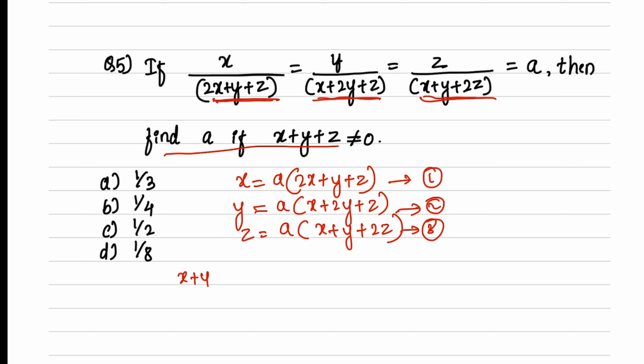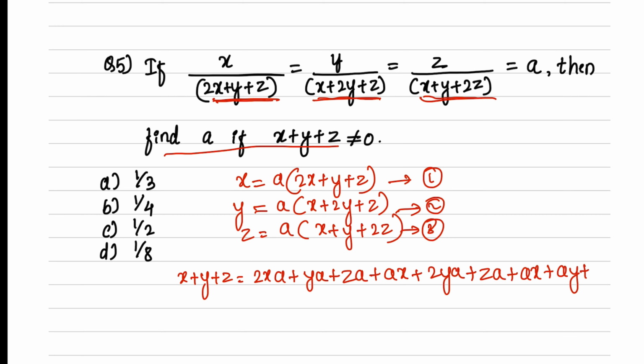So x plus y plus z equal to 2xa plus ya plus za plus ax plus 2ya plus za plus ax plus ay plus 2za. Now see here, 2xa and ax means it will be 4xa, plus ya and 2ya, again 4ya, plus za and 2za equal to 4za.